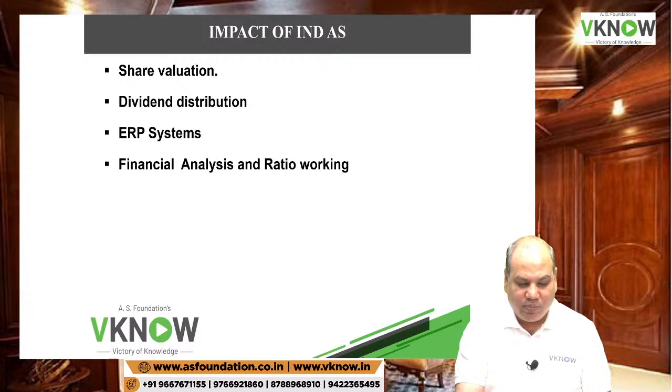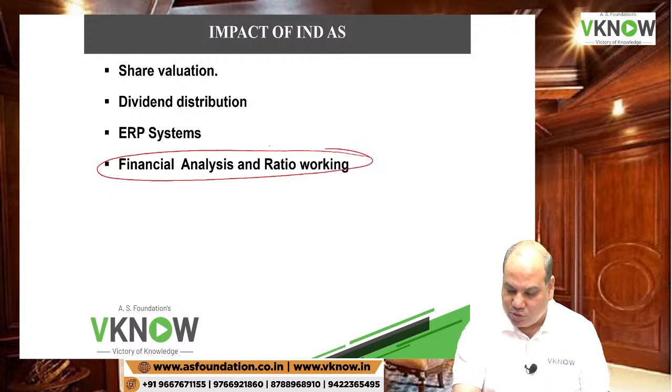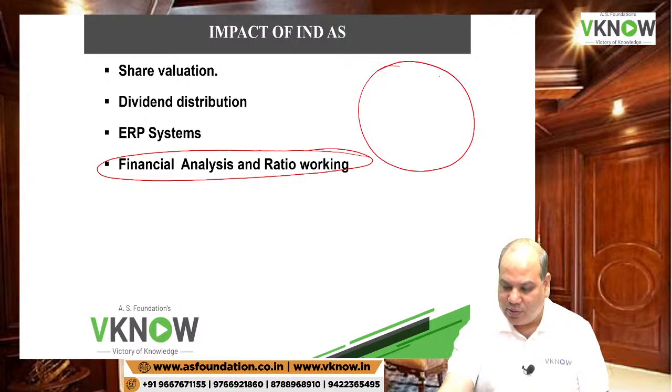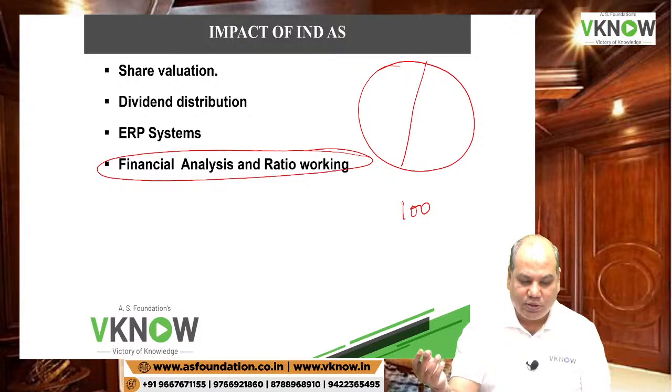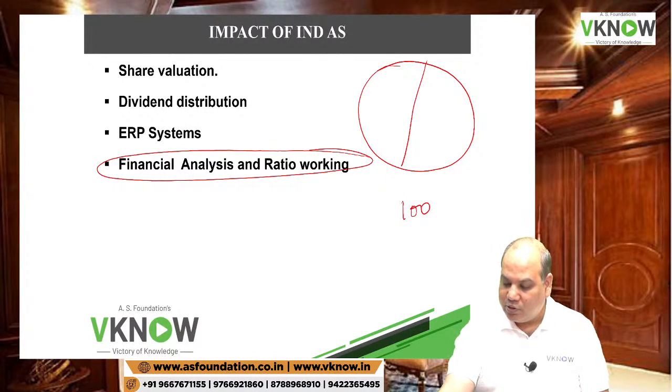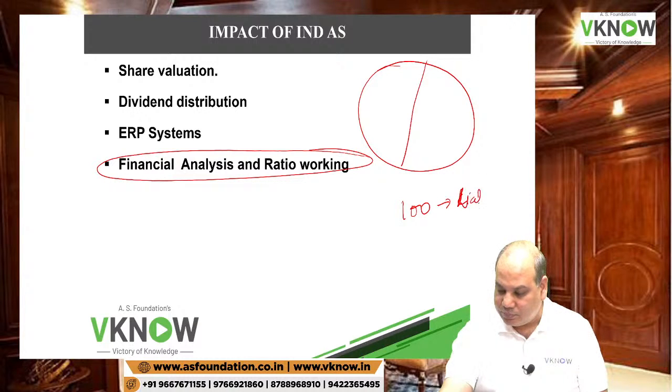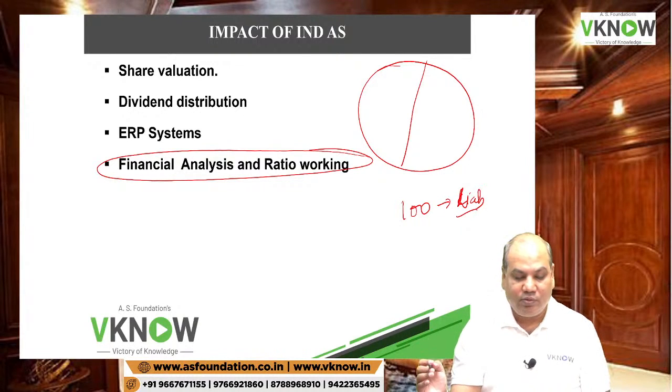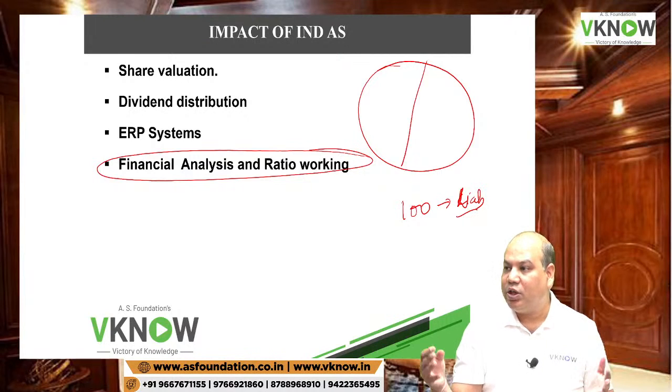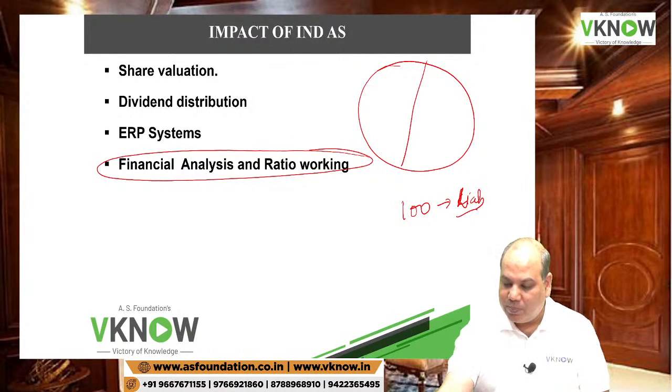One of the major impacts will be on the calculation of ratios. After Ind AS, a lot of ratios will change. Why? Let us see one small example. It is a convertible debenture of 100 rupees. Under the old system, that is AS, this entire 100 will appear as a liability, debt. But if it is a convertible debenture, Ind AS 32 says some portion of it is equity and some portion of it is debt.